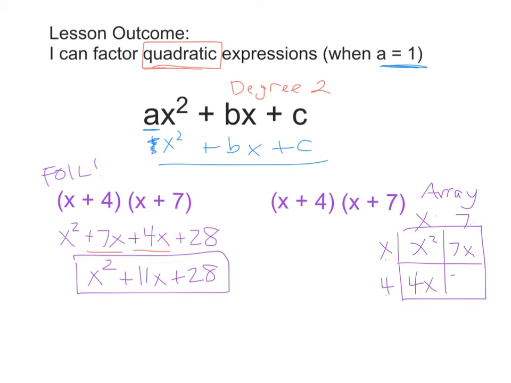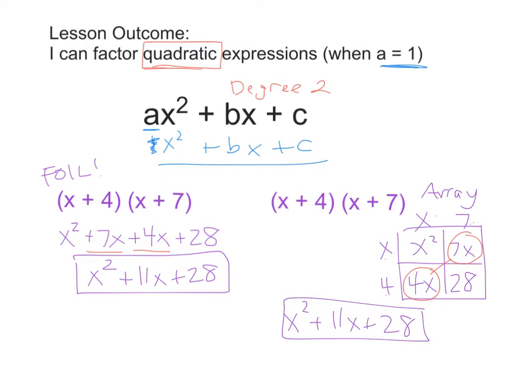And 4 times 7 gives me 28. Again, we have like terms, 4x and 7x, that can be combined. And so we end up with, again, x squared plus 11x plus 28. The same quadratic expression, trinomial, here, because it was the same multiplication problem.